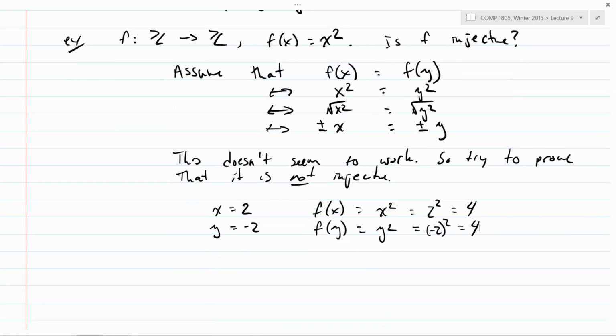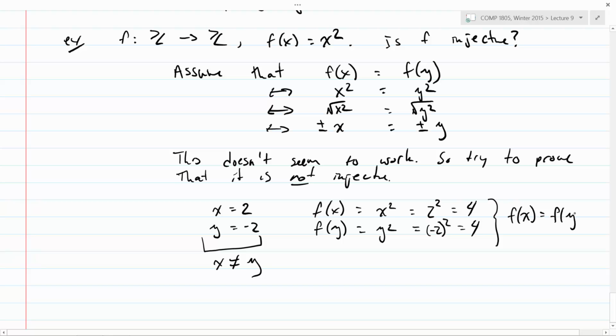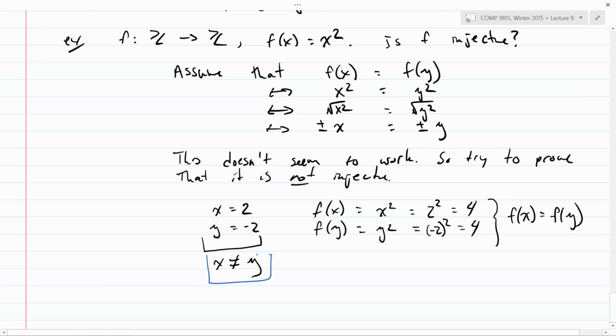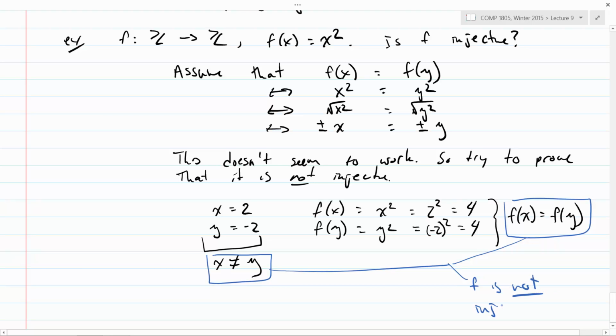So notice that we have x does not equal y, but f of x equals f of y. So when you have these two situations, that means that f is not injective. So we found two counterexamples.